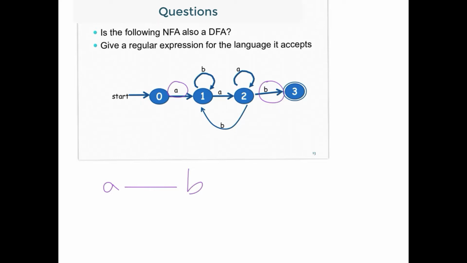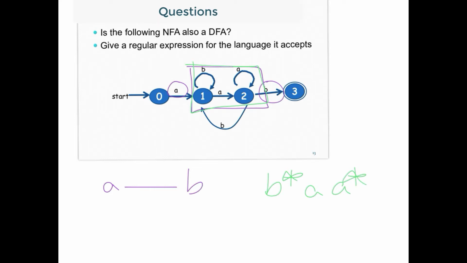So it's A followed by a bunch of stuff and then a B. And what is the stuff in the middle? The stuff in the middle is we have to have this piece here at least once, right? So the piece in the middle, maybe I'll do it in green. That piece I've just circled in green is going to be B star A star.